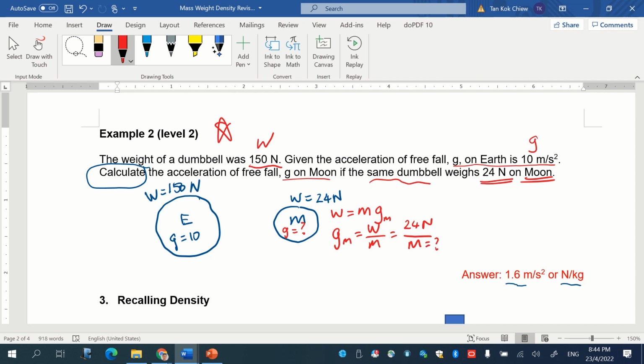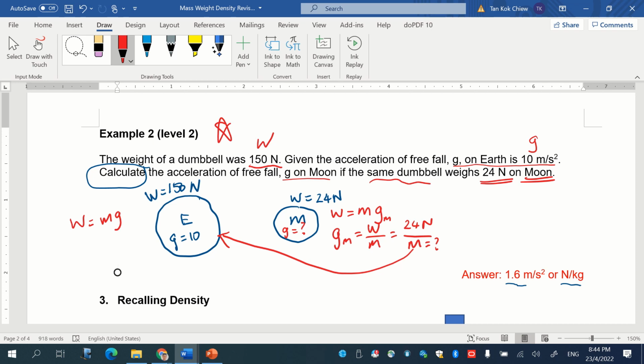However, the mass on the Moon can also be calculated from the Earth, because the mass on the Earth and the mass on the Moon should be the same. No change, right? So using this side now, W equals mg.